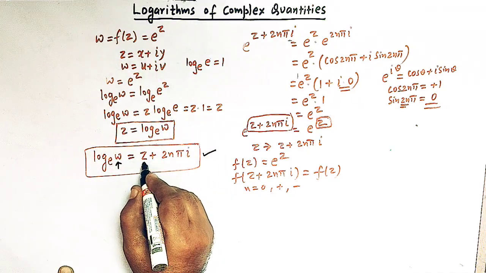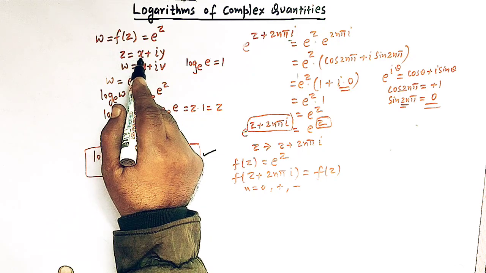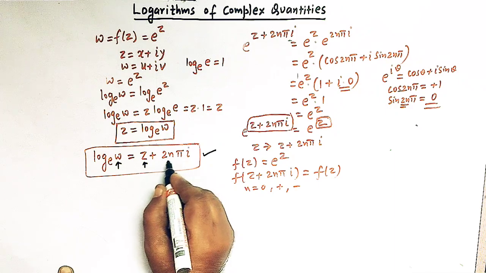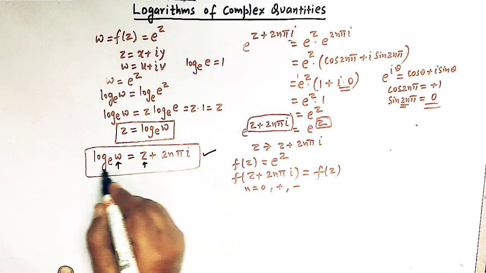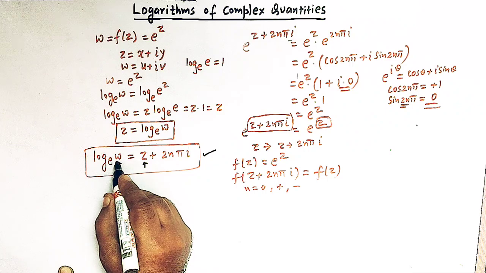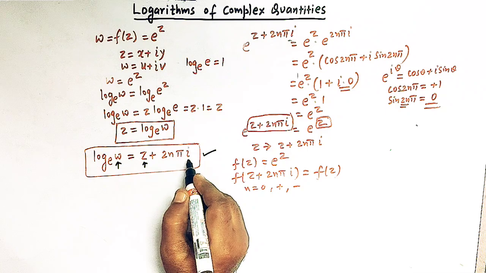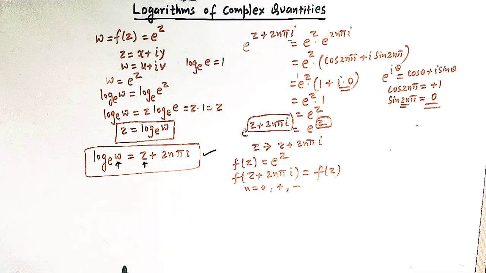And here z is again another complex number, that is x plus iy, and here we have the additional term, that is 2n pi iota. Now we are going to define two types of logarithms of complex quantities: the first one is the general logarithm, and the second is the principal value of the logarithm of a complex quantity.